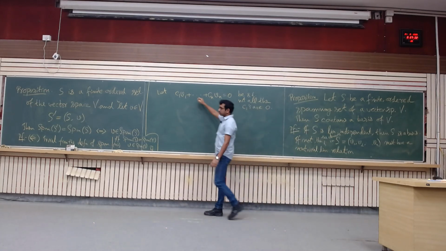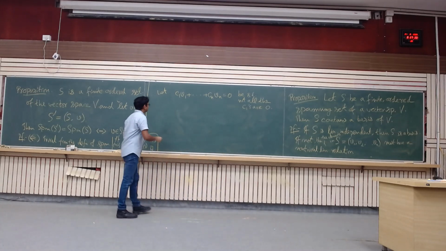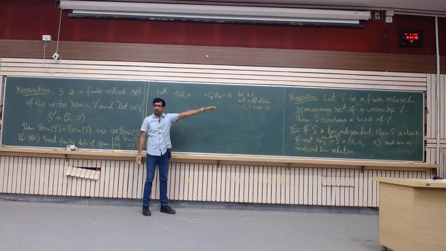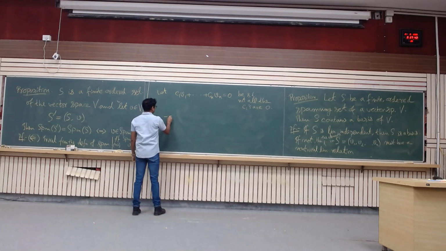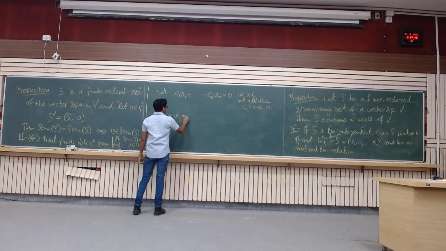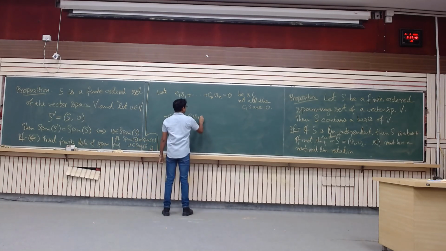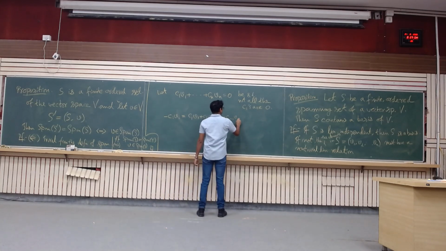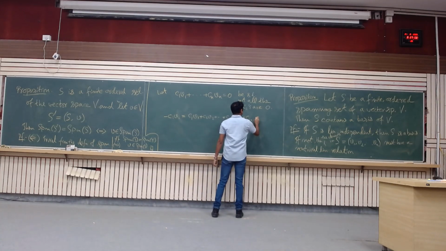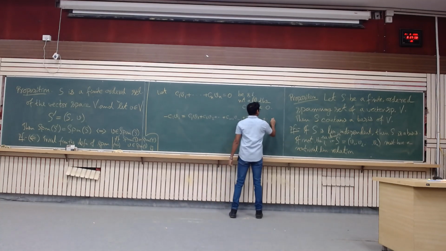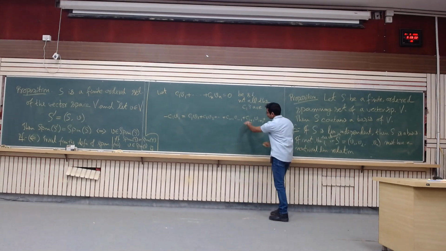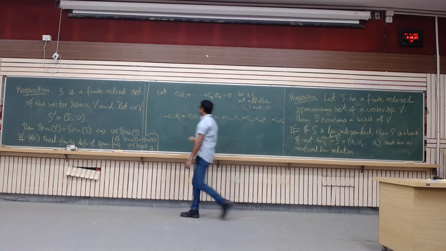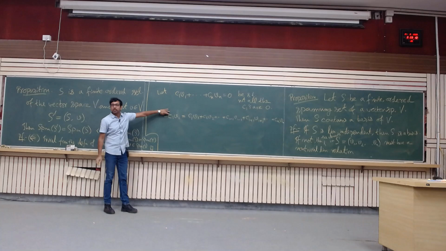So, you may assume that one of the Ci's is non-zero. Then we take that particular summand on the other side. So, we have minus Ci Vi equal to C1 V1 plus C2 V2 plus dot dot dot plus Ci minus 1 Vi minus 1 plus Ci plus 1 Vi plus 1 plus dot dot dot plus Cn Vn. So, you have taken this ith part to the other side. Now, remember that this is not equal to 0.